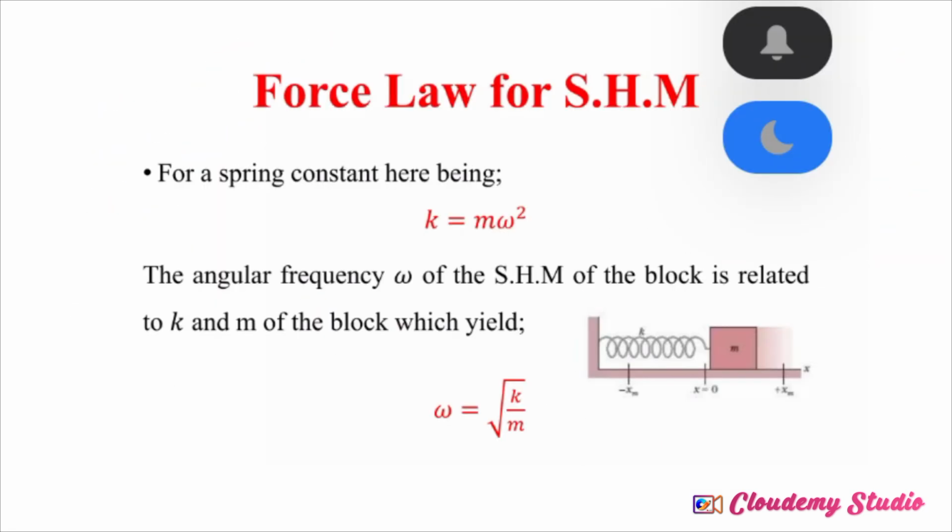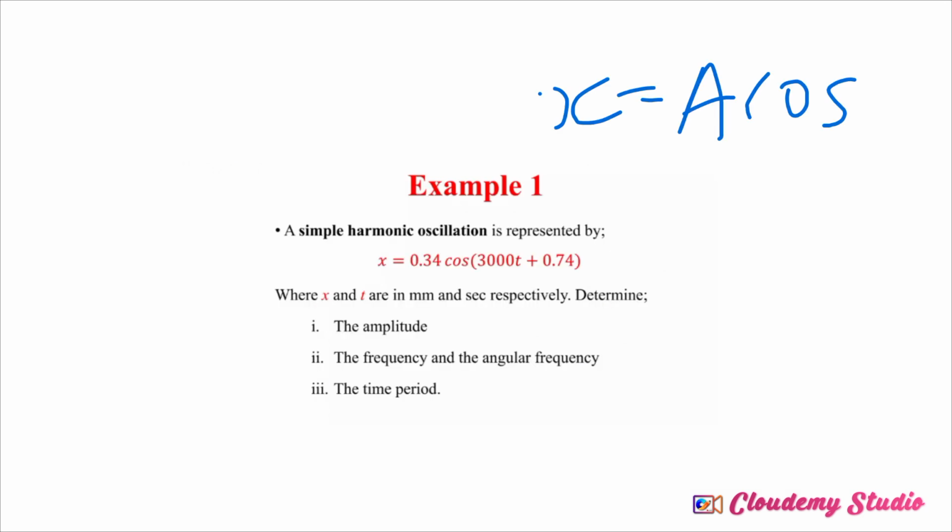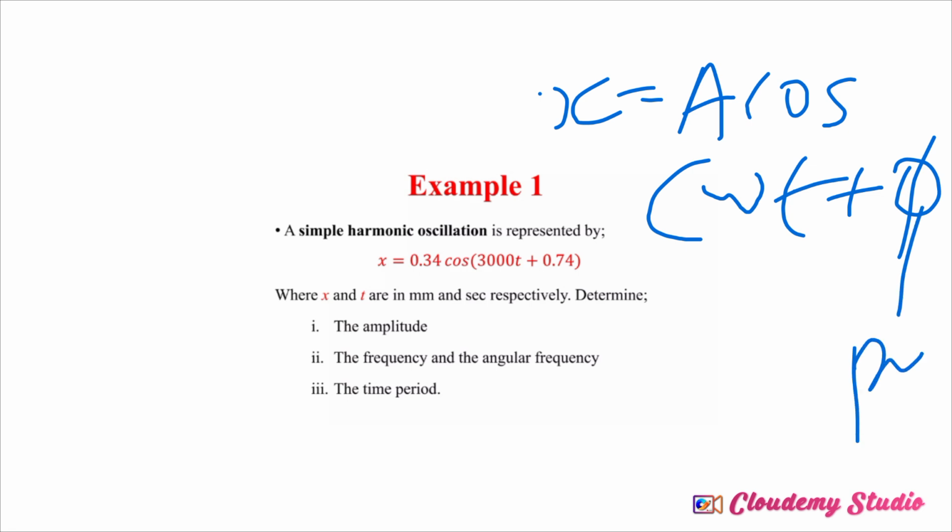Let me just explain before we solve. Omega t plus phi. What am I calling W? It is omega, please. Omega t plus phi. So this phi is representing the phase difference. Yeah, the phase difference.